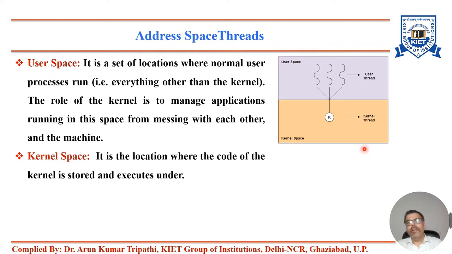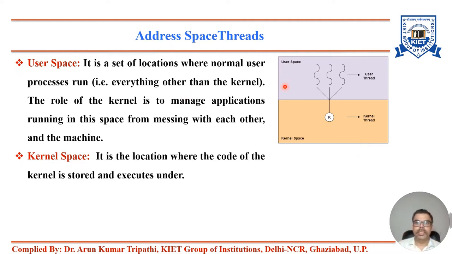Means whenever a process is running, it is using two types of spaces. The first one is the user space and the second one is the kernel space. When a process needs to interact with the hardware, it will belong to the kernel space. Otherwise, it will always run in the user space.